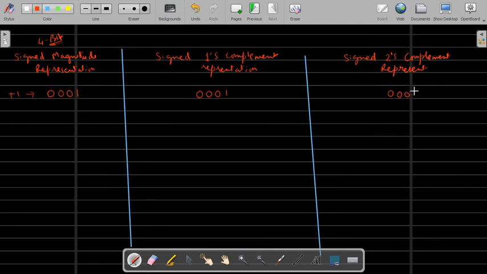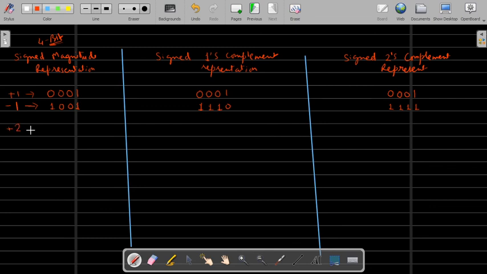Whereas if we want to represent minus 1, then this must be 1 and this is 1 because it is the magnitude here. And in one's complement representation, it must be 1110. Whereas in 2's complement representation, this must be 1111.